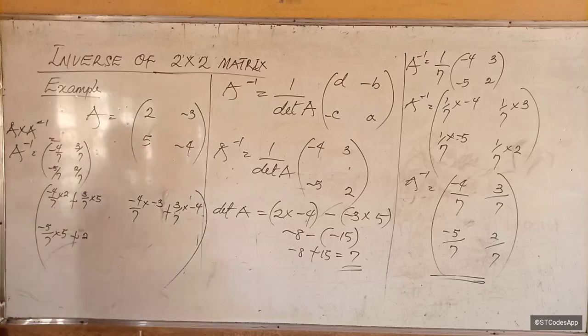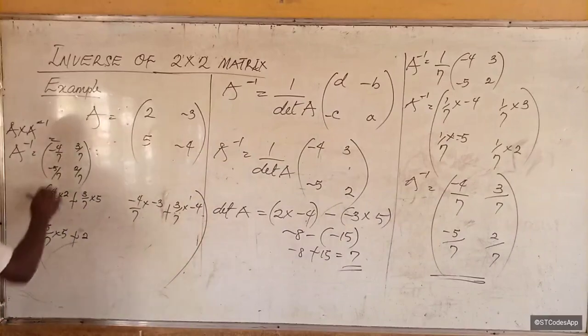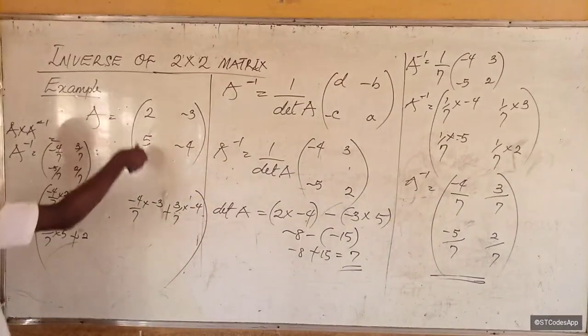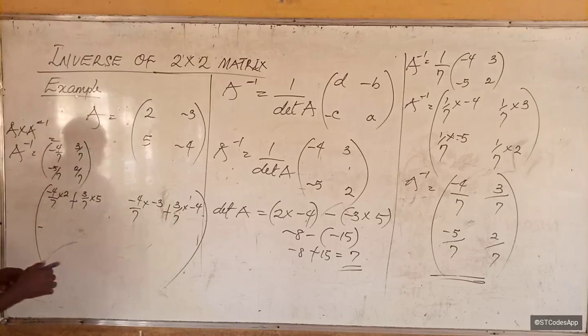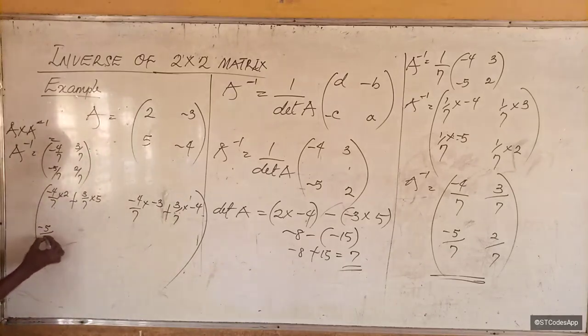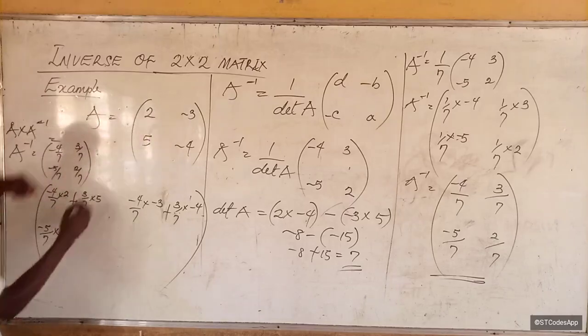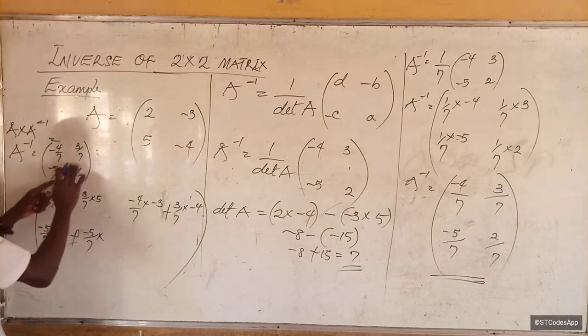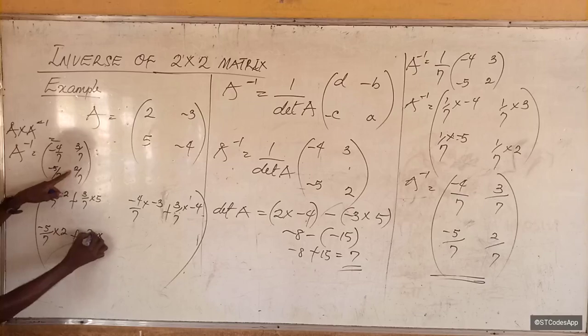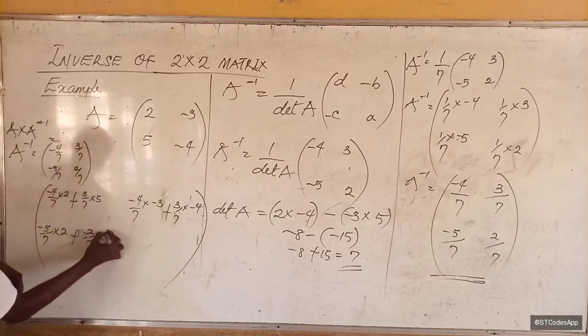No, I think there's a mistake there. I'm distracted. This minus 5 over 7 is going to multiply this, row to column. Do you get it? Row to column. All right, let's go again. Minus 5, so you have to be careful. Minus 5 over 7 multiplied by 2, plus 2 over 7 multiplied by 5.